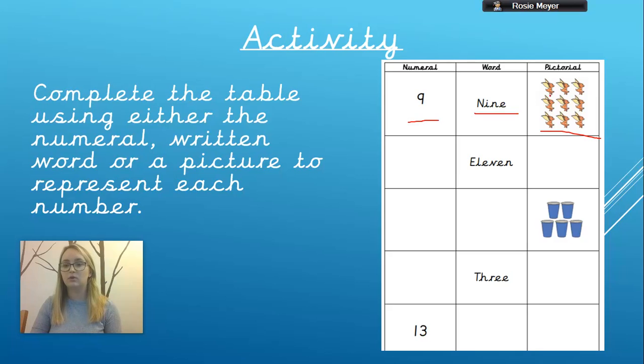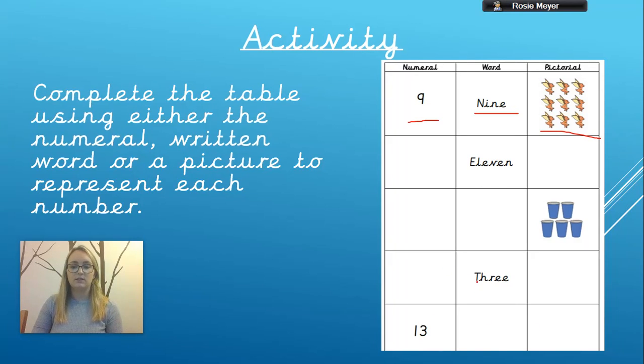So here we've got 9 dragons, we've got the number 9, and we've got the written word. Some of them will give you the written word, some of them you might have the numeral, and some of them you might have the pictorial representation. I would like you to then fill out the empty boxes next to it.